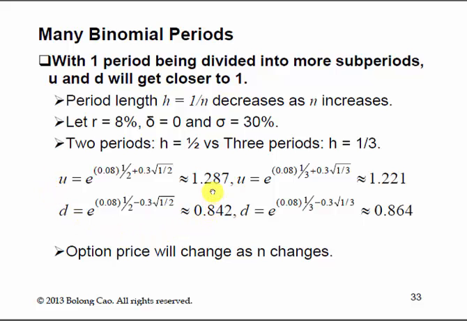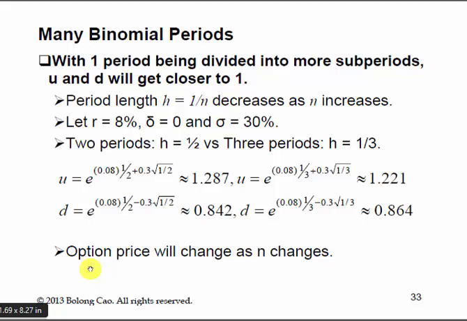So that's for two subperiods. For 3 subperiods, the up proportion becomes 1.221, and the down proportion becomes 0.864. So the up proportion decreases a little bit, the down proportion increases a little bit, both of them moving towards 1.